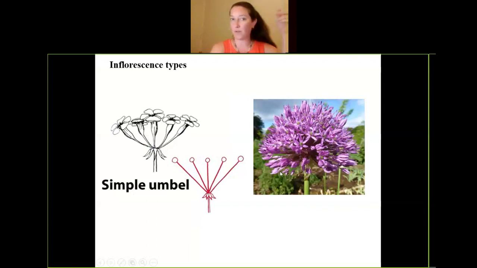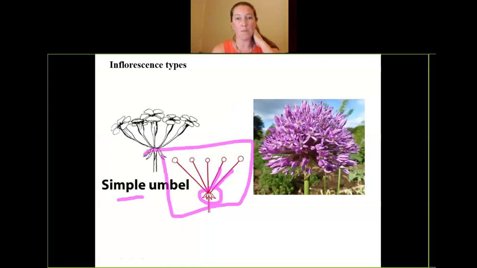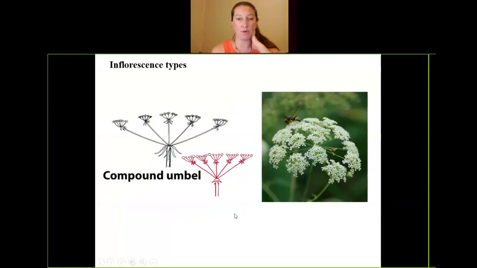Then you have a simple umbel. The first inflorescence we saw here, that thing in the lily family, is a type of umbel. In an umbel, all of the little stems connect at a central point, and then the little stems fan out. This is a simple umbel, which means this is just one umbel. But you could also have a compound umbel, which is basically an umbel of umbels.